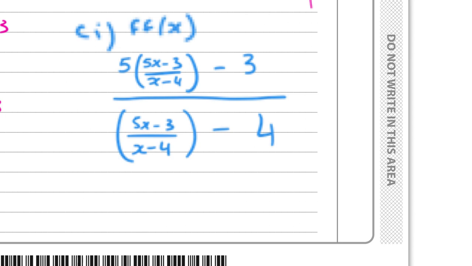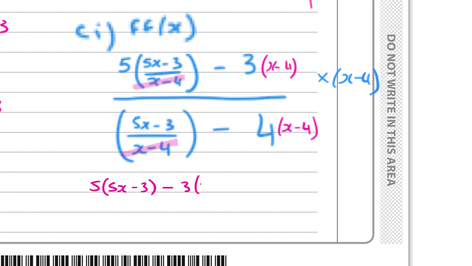So what I'm going to do straight away to make my life easier is multiply every single term by x minus 4. If I do that, it cancels from here, it cancels from here. I'm now going to have 5 bracket 5x minus 3 minus 3 bracket x minus 4, all over 5x minus 3 minus 4 lots of x minus 4.